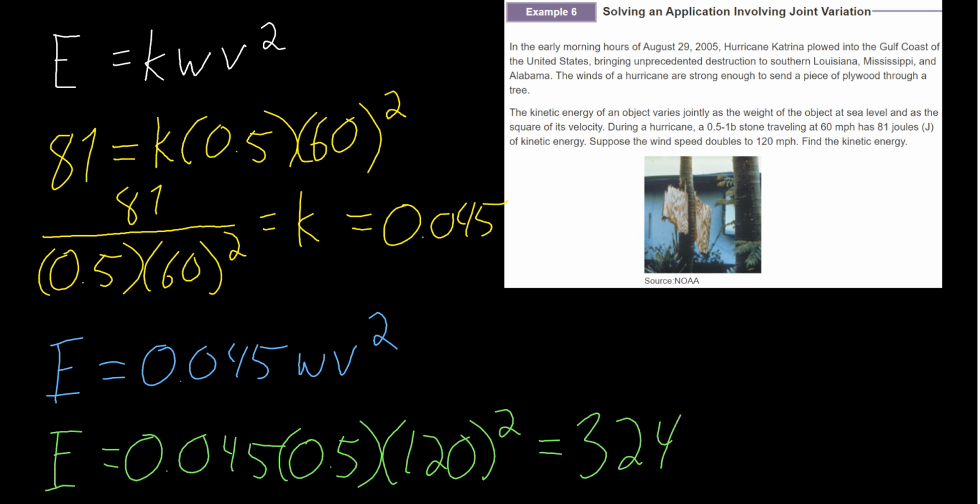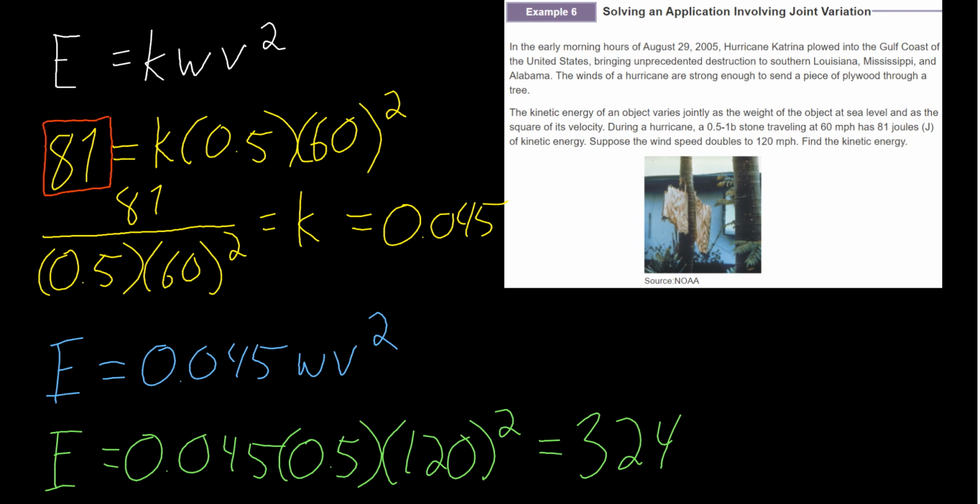Right. Now that doesn't mean much to you or me because we don't really have any context. But here's the context of what that is. Because of the variation model we have here, where energy is directly proportional to the weight and the velocity squared, at 60 miles per hour we had 81 joules of energy.